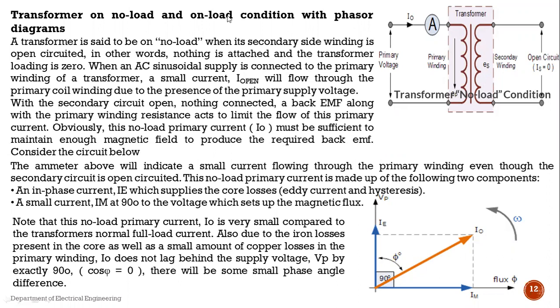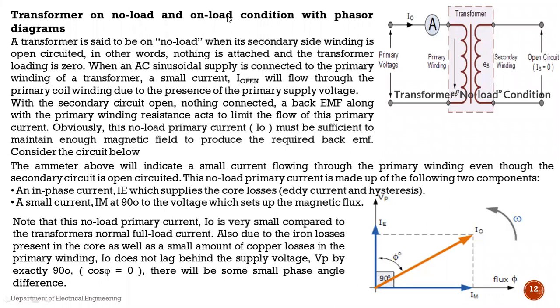It has two components, IM or I mu, the magnetization component, and IW or IE, the working component of the no load primary current.